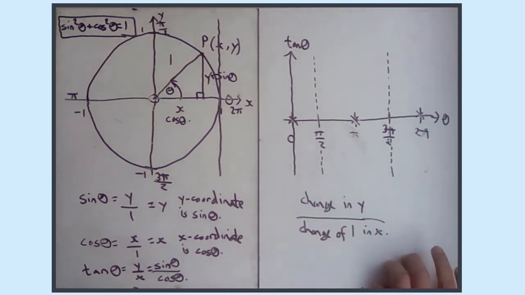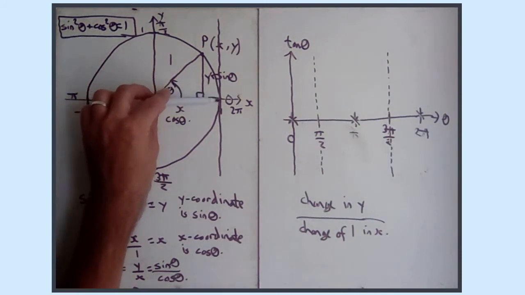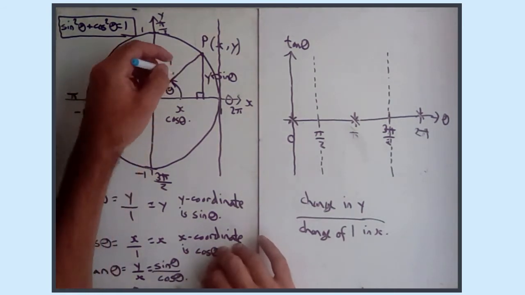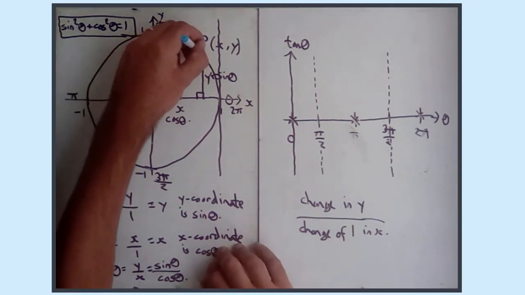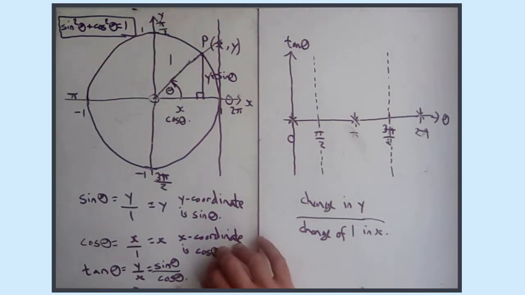Because this is a unit circle, this is a length of 1 as we go from here to here. So if I extend this theta that I've drawn, where it hits that axis, that is the value of tan theta at that point.